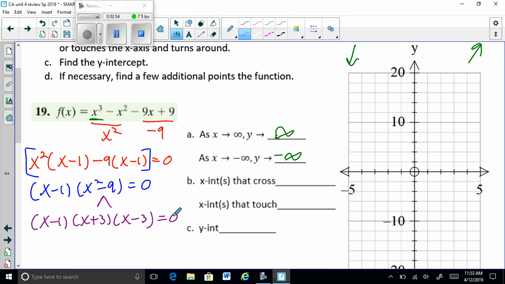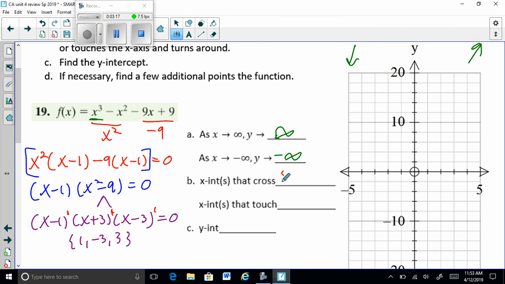And so your three solutions are 1, negative 3, and positive 3. Okay? And they all have powers of 1, which means that they are all going to cross.